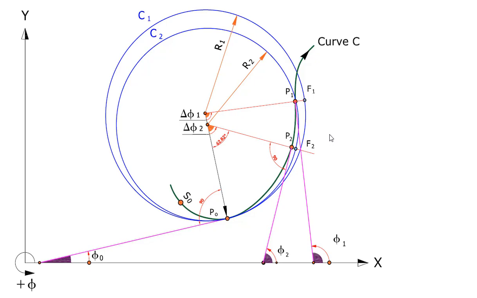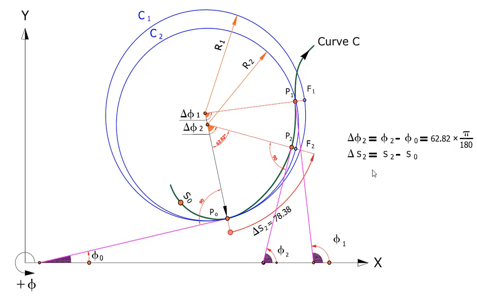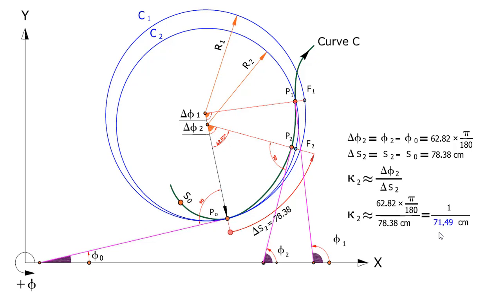The central angle is 62.82 degrees, and that is delta phi. Now also we measure delta S2, and that is S2 minus S0, and this is equal to 78.38 centimeters. Now the curvature of this circle can be found by dividing delta phi over delta S as we did before, and we find it to be 1 over 71.